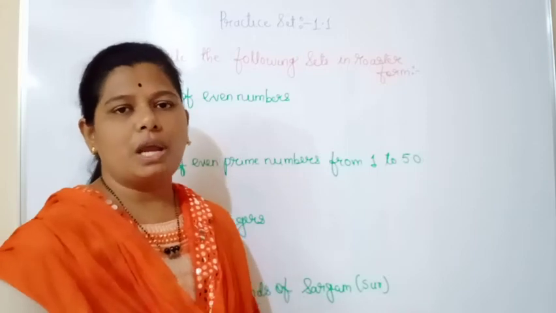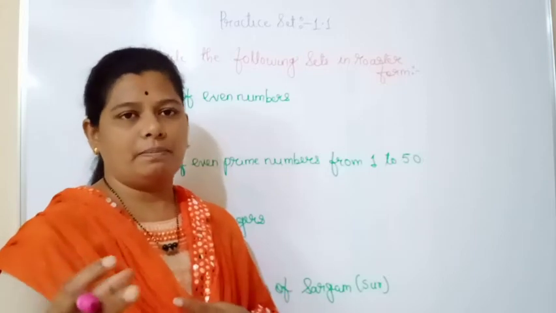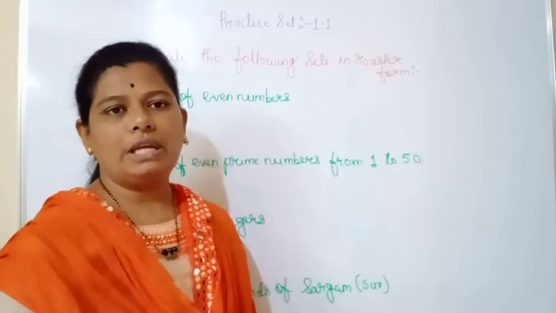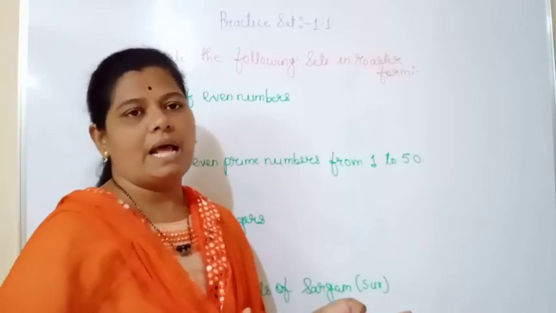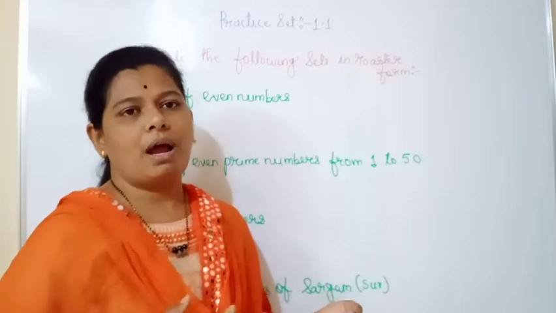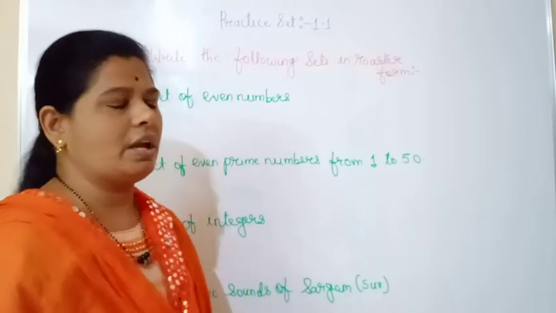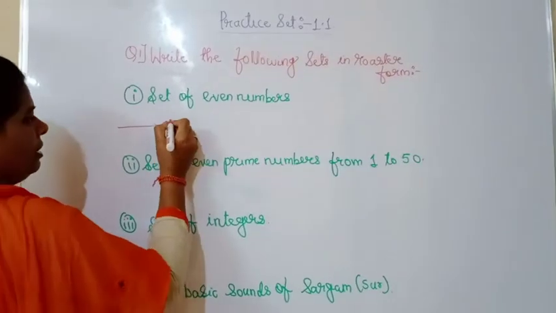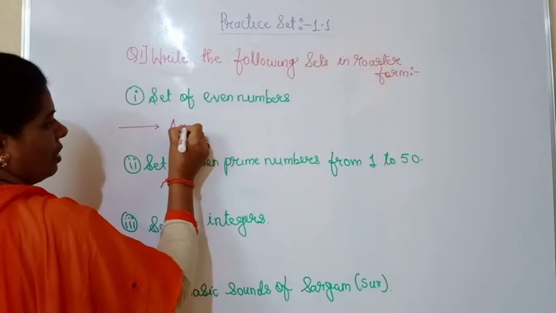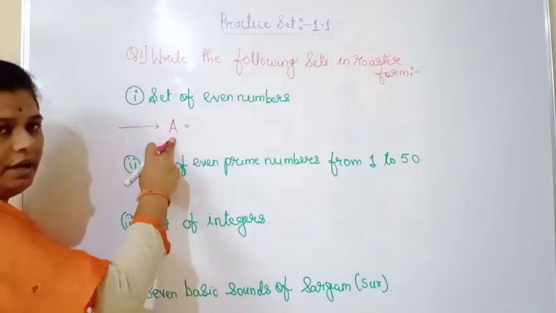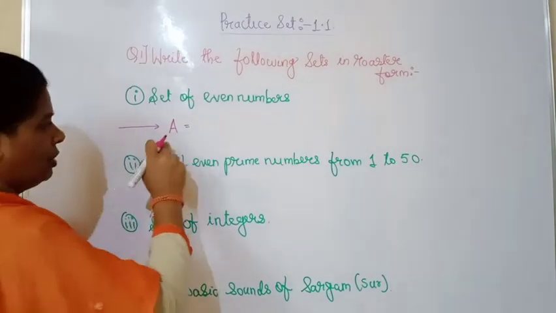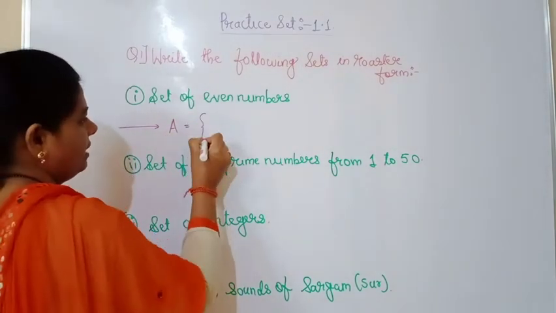We can use any alphabet between A to Z, like A, B, C, X, Y, P, Q, L, M, anyone we can give. So I am taking here the name as A. This is my set of even numbers, and this is the name of the set, that is A.